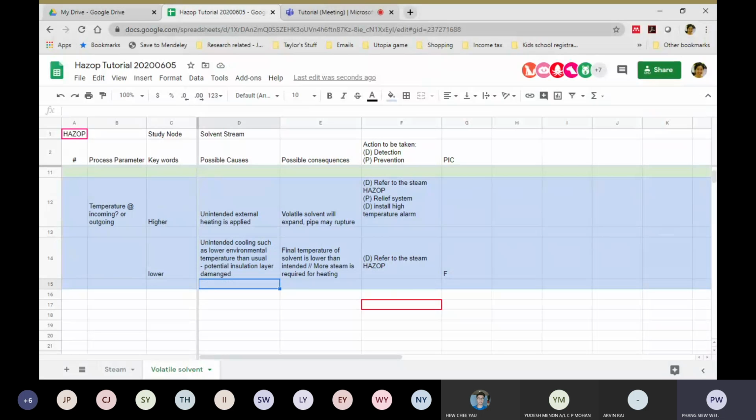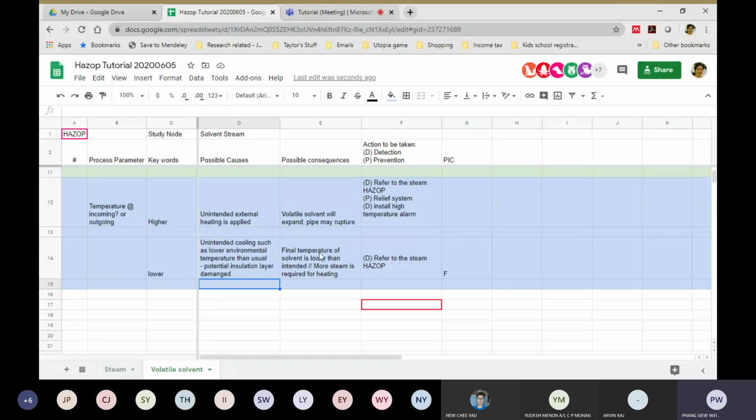So all the steams, they will have their insulation layer. All the chilling waters, they have an insulation layer so that we don't have heat that goes off from the piping, that we don't have energy loss within the system. So if there is insulation layer damage, then our temperatures may not be what we wanted because the heat has been lost to the environment.